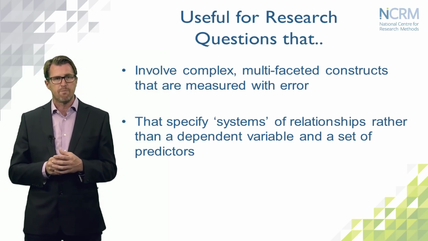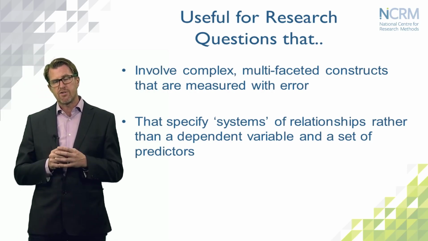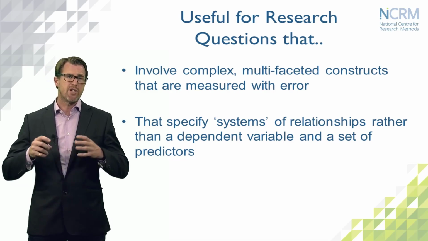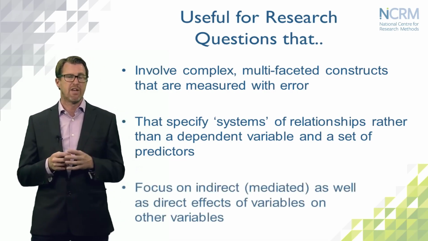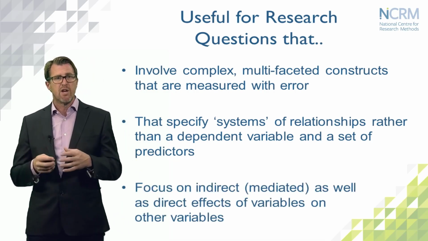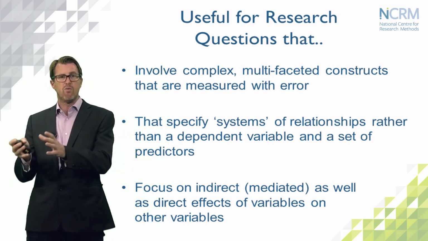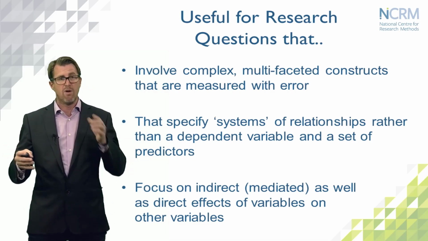Another kind of research question that structural equation models are often used to address is where the researcher is interested in indirect or mediated effects. So in many research questions, we're interested in the effect of variable x on variable y. That would be thought of as the direct effect of x on y.